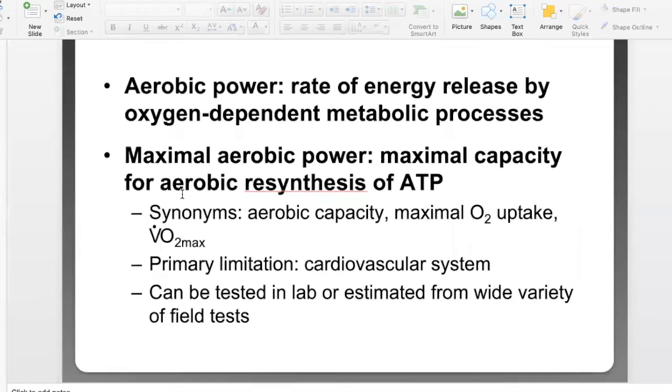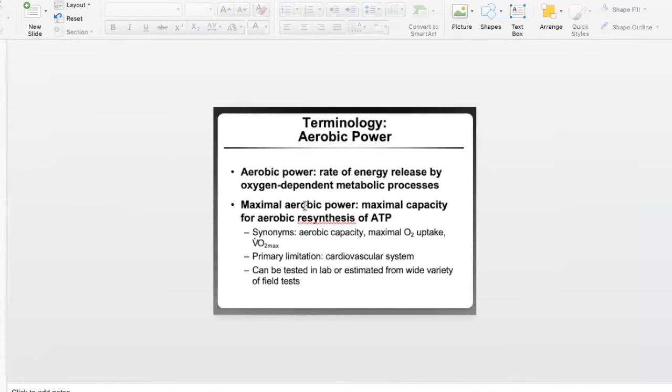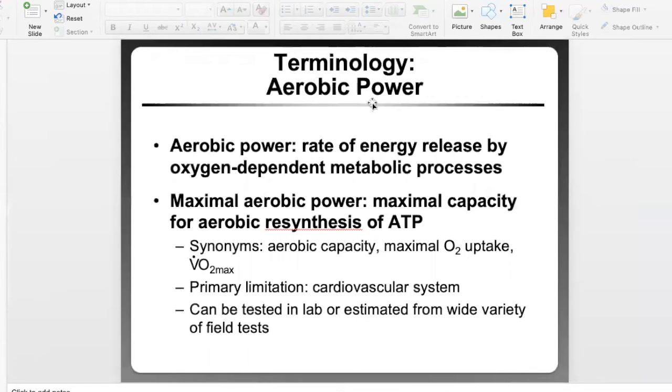Next slide. Now, we said earlier that this word power implies a rate, or something happening over a time period. Aerobic power is the ability for your body to use aerobic energy. And remember, aerobic energy is dependent upon oxygen.